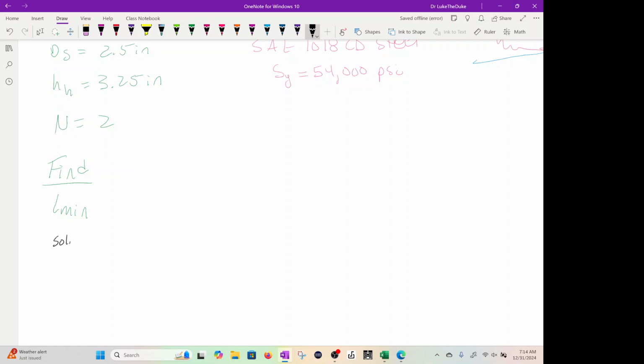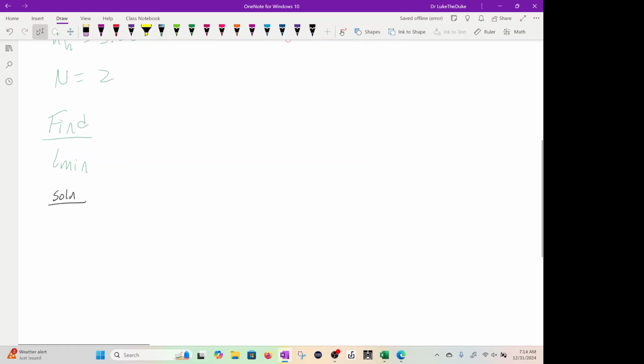So solution. Do solution underneath find. So let's find L min. Okay. So L min equals 4Tn over dWSy, which is also equal to 2T over tau d dW.